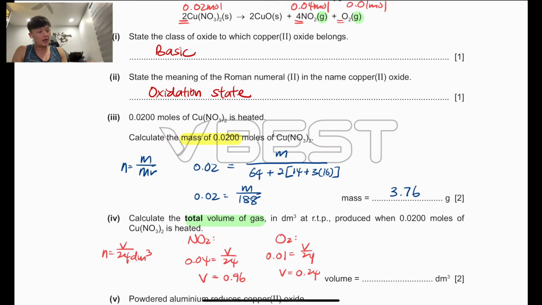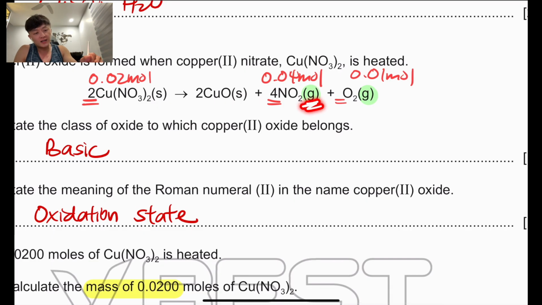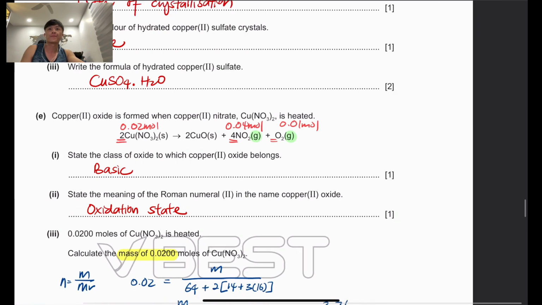So you sum them up, 0.96 dm3 plus 0.24 dm3. Eventually the total volume of gas produced would be 1.2 dm3. That's it. Be careful. You see, they actually bold it for you: total volume of the gas produced. The clue is given here. These are the gases produced.